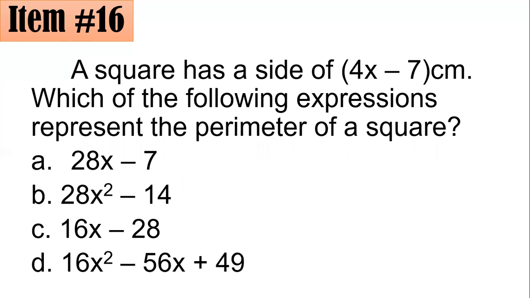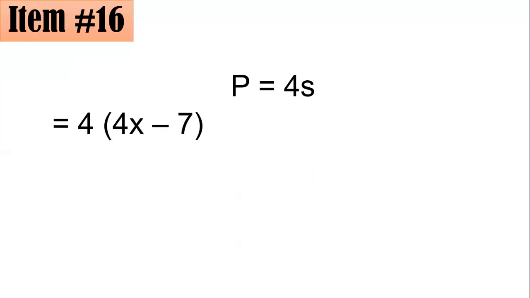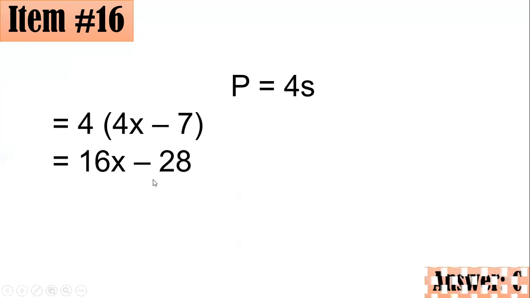The formula for the perimeter of a square is 4s, or 4 times the side. Since your side is 4x minus 7, by substitution and distributing the 4, 4 times 4x is 16x, and 4 times negative 7 is minus 28, and you got an answer, which is letter C. I hope you got this correctly.